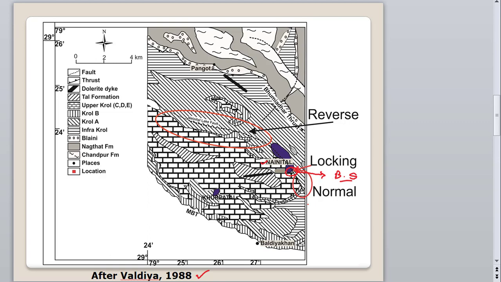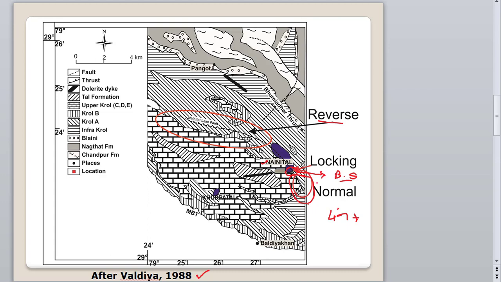This is the normal fault component of the Nainital fault, and this one is the reverse fault component. When we take a traverse along this fault and collect the structural geological data here, we'll get the normal slip movement. The lineation always shows down dip movement here, and here it always shows up dip movement.